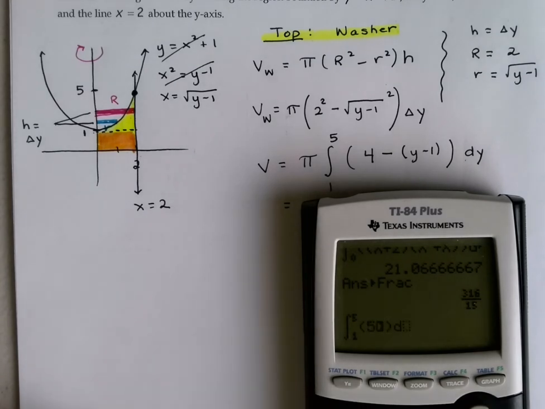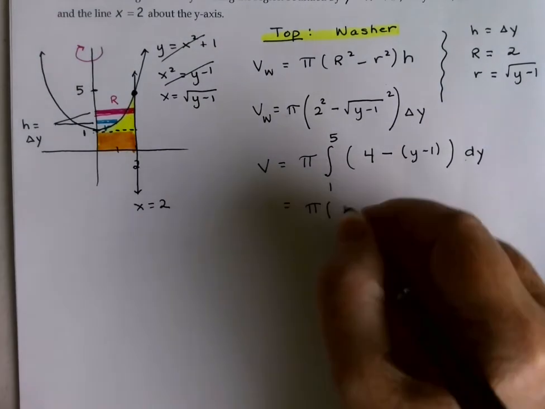And we've got 4 minus the quantity y minus 1. There we go. And I get 8. So I'll actually just get 8 pi here.